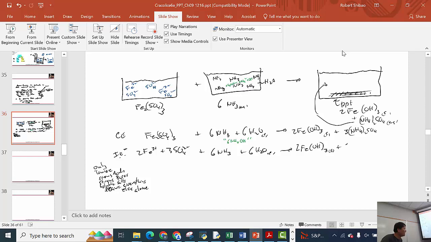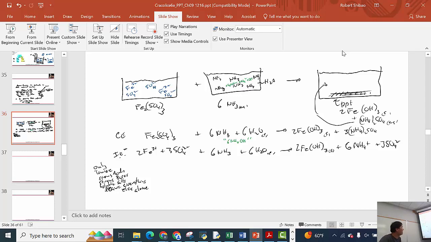How many ammonium ions? 6 ammoniums. And how many sulfates? 3 sulfates. So we break it apart into ions. And when we break it apart, we just have to make sure we don't lose any. And so that's what we end up with here.